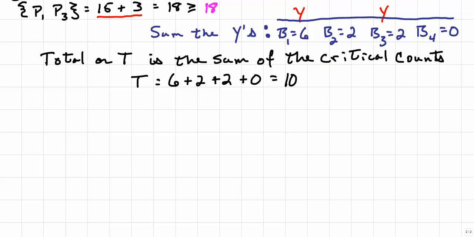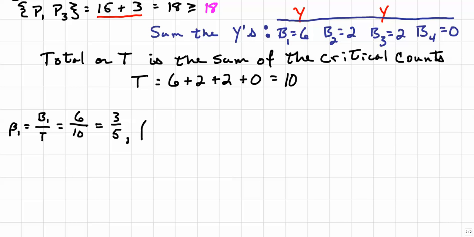And now we go ahead and create the power distribution. Beta sub 1, which will be for player sub 1, we'll have b sub 1 over t. We know that b sub 1 is 6, t is 10. Now I'm going to go ahead and reduce this, because that's how you're going to need to put the fraction in.